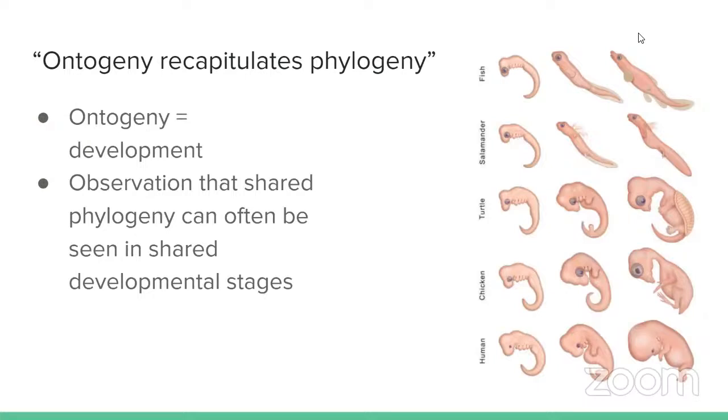Since we just brought up a slide on embryology, there's another common phrase in evolution. When people talk about evolution, you'll often see this phrase, ontogeny recapitulates phylogeny. Ontogeny means development. So the idea is that the developmental progression during embryological development shows you the evolutionary history of that organism.